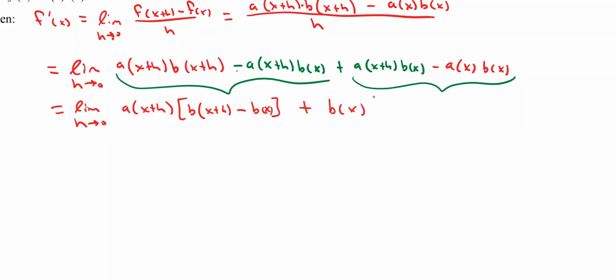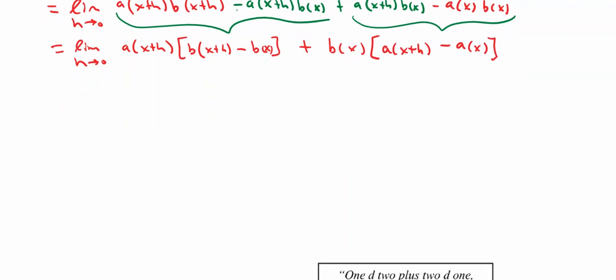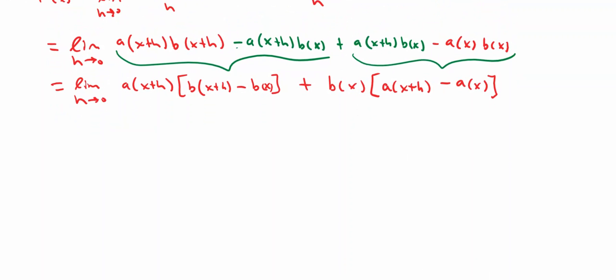So then we have b of x, and then again I'll use a square bracket, and then what we have left is a of x plus h, and then minus, and then you still have a of x left. All right. Oh shoot, both times we should have said that this was all over h, right? All over h, all over h.